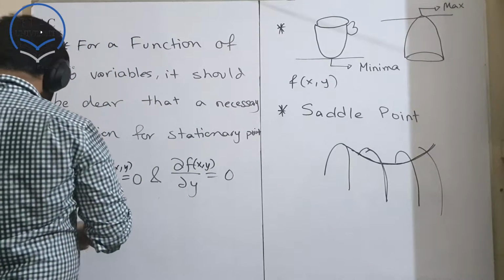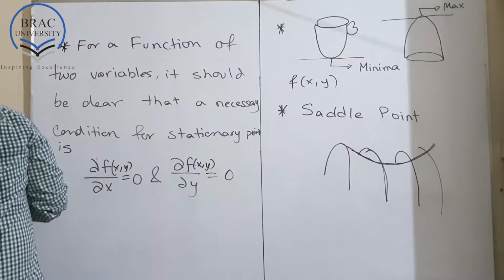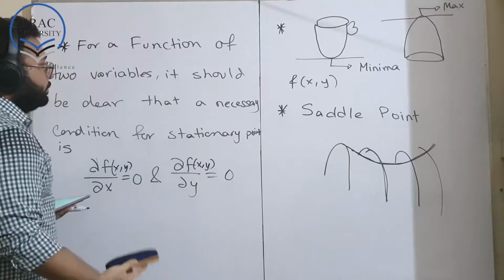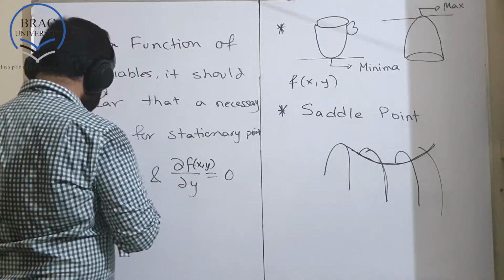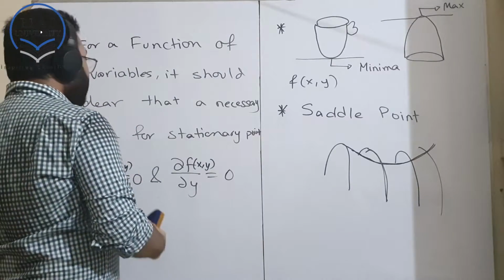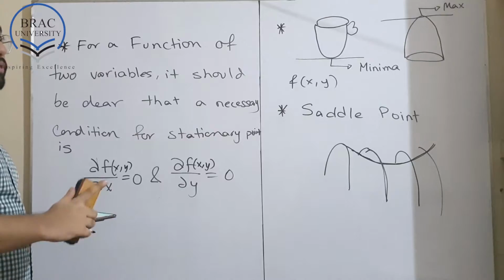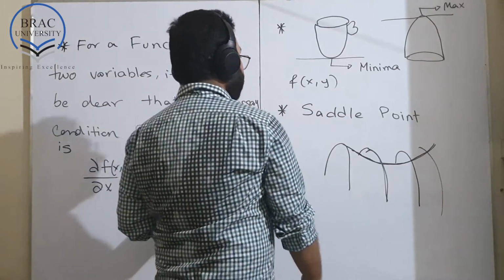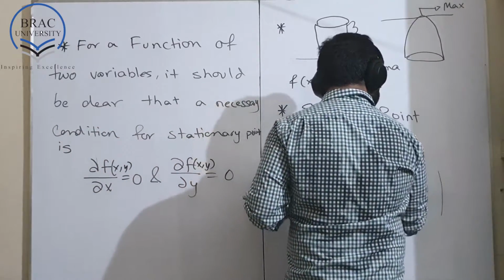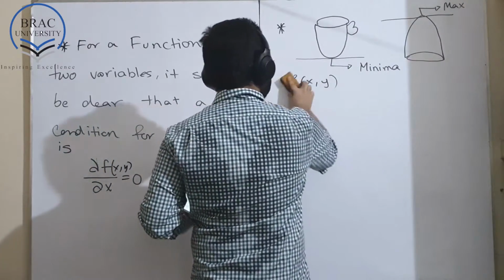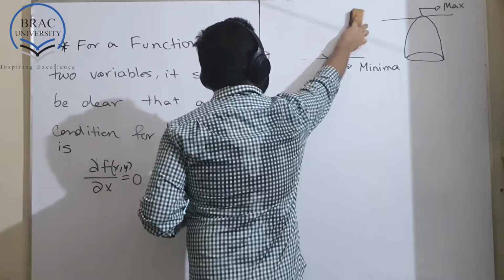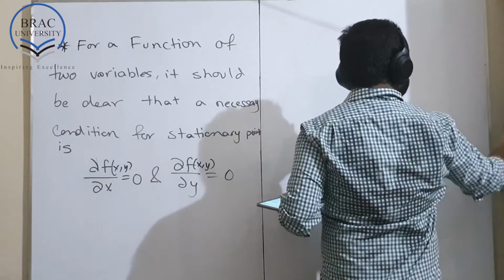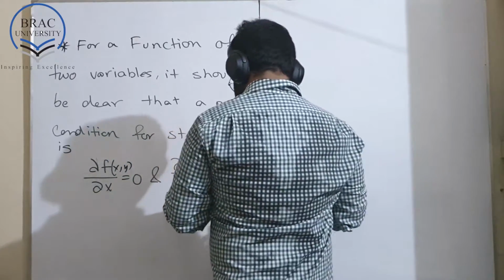Now, by analogy with the single variable, for single variables we had minima if the second derivative is greater than 0, a maxima if it's less than 0. So in analogy with that, we can do the second derivative case for two variables as well. What would that be?